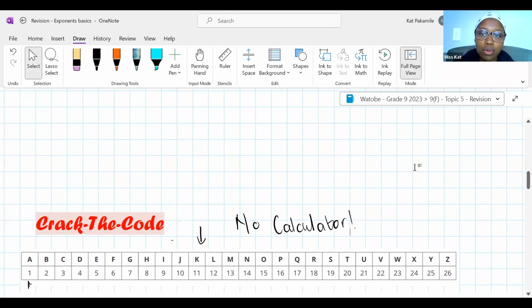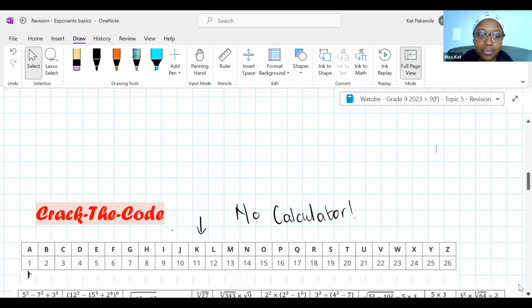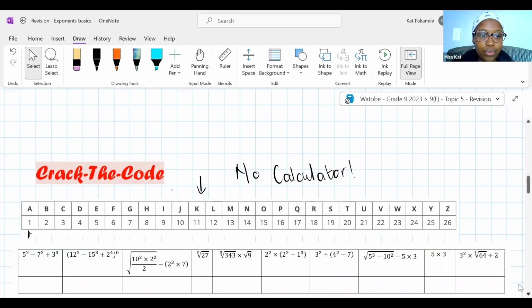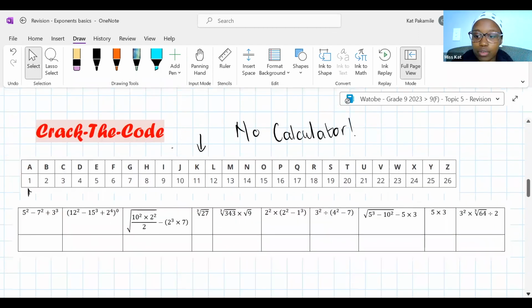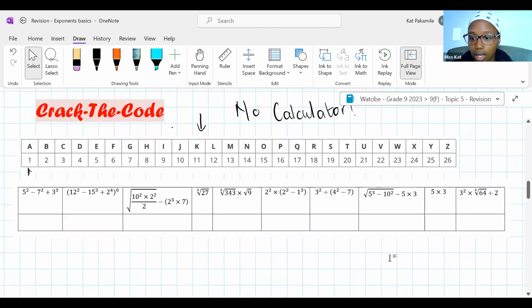If you think you know what the word is, tell me. And then you're going to work out all the values with me. Are we ready? There we go. I'm going to give you guys until the first person thinks they have found what the word is.